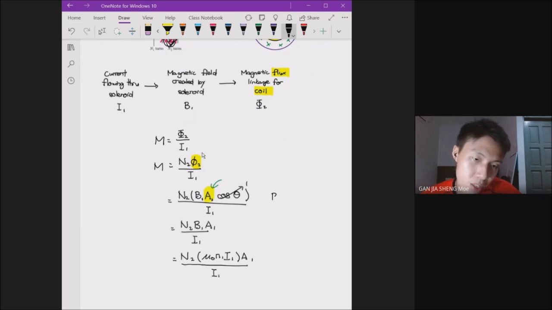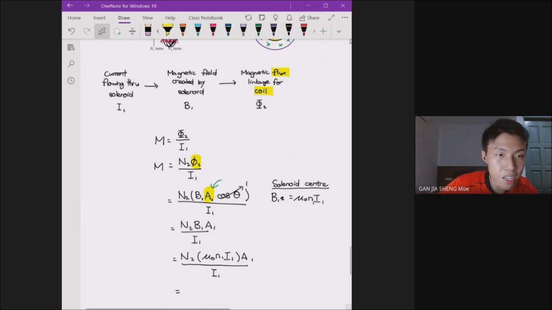Why? Because this is the magnetic field created by the solenoid, and you know that at the solenoid center, B1 is equal to mu naught N I.